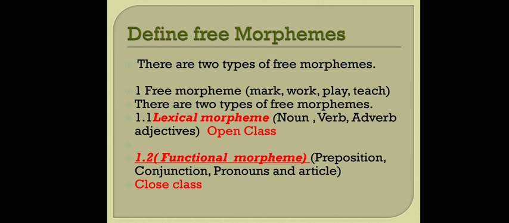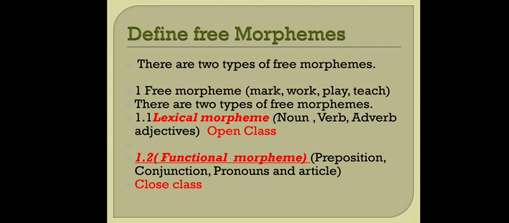And on a regular basis, there is an increase of lexical morphemes. New words, new verbs, new adjectives, and adverbs are coming into English vocabulary. That's why they are known as open class, means it is open, and many new words can be added in the future, and they are also being added now.